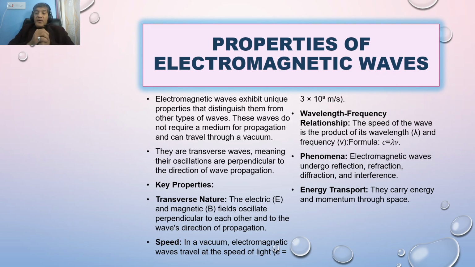The very important point comes at the bottom of this PPT regarding energy transport. The electromagnetic wave carries energy and momentum with it, and we directly feel this by the sensation we receive from sunlight. How do you feel this sensation? Because they carry energy from space, and this energy is transferred by the electromagnetic wave.